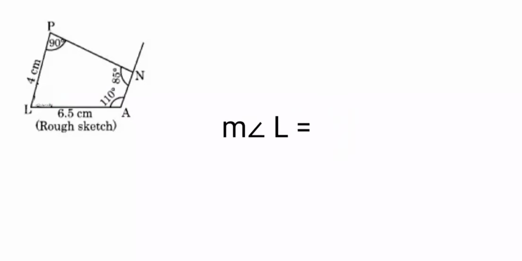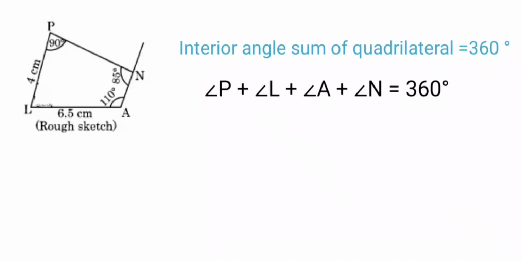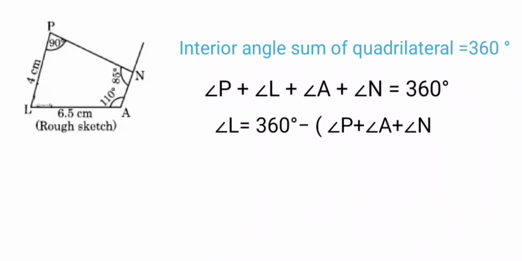Here we apply the angle sum property of a quadrilateral, that is, the interior angle sum of a quadrilateral is 360 degrees. So the sum of 90, 85, 110 and L is equal to 360 degrees, that is P plus L plus A plus N equals 360 degrees.